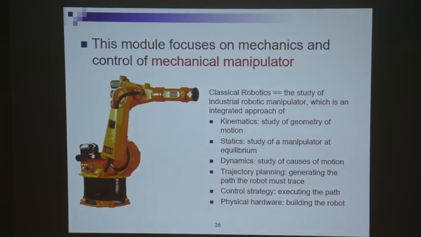What this module is about is that it will focus on the mechanics and control of the mechanical manipulator. As I mentioned earlier, it will be all about classical robotics.